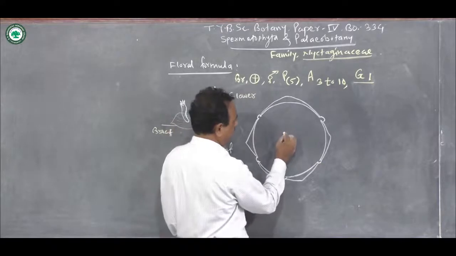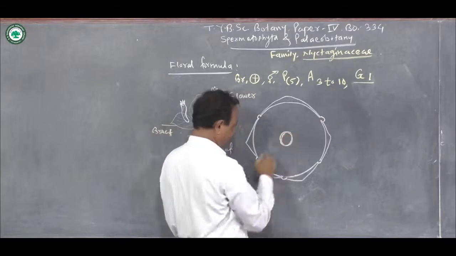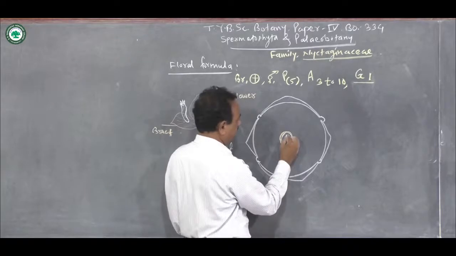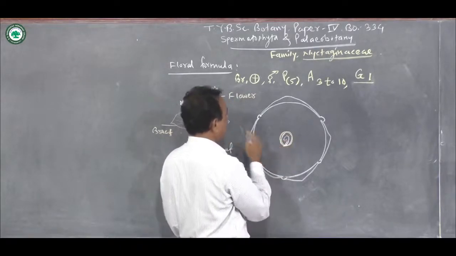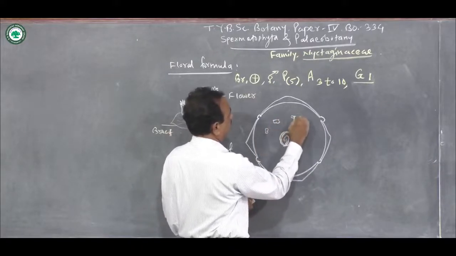There is a presence of the gynoecium in the center. This gynoecium shows the presence of the ovule, which is present on basal placentation, and these are the stamens.